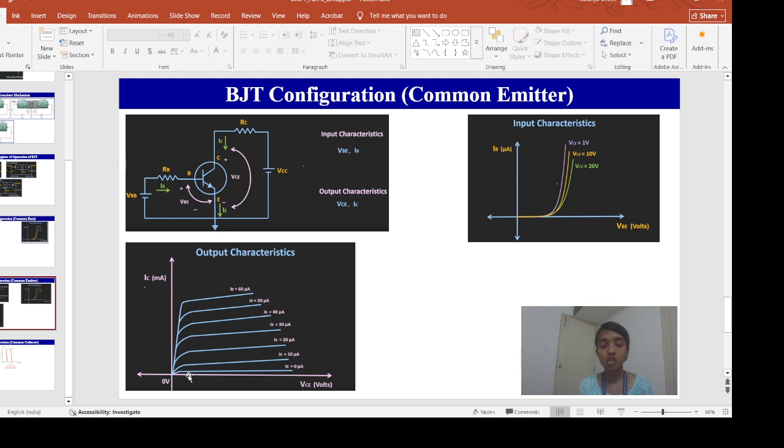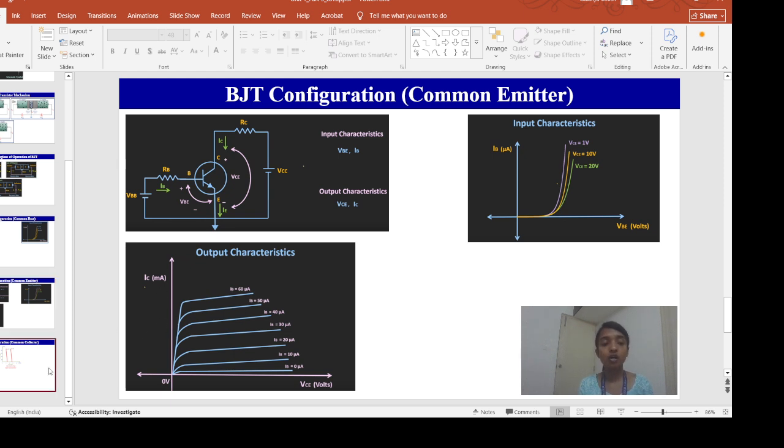So the region between VCE equals 0 to VCE sat is my saturation region, as my collector current IC is exponentially increasing in this region. But after this point, even if you keep on increasing this VCE, your IC won't increase further because it has already reached saturation.